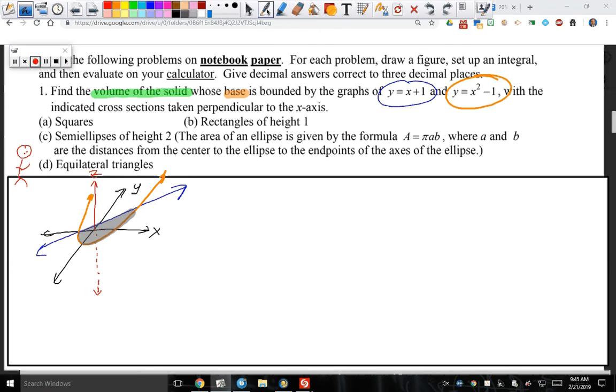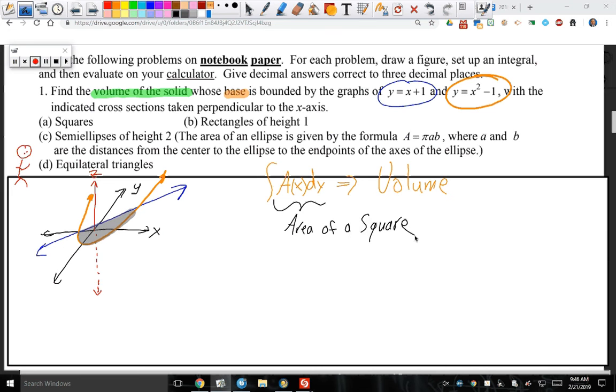Now I'm ready to show these cross sections of squares. Now this is big, what I'm about to show you. I need to first think that if I integrate area, I get volume. And because of that, I have to come up with an area that represents the area of a square.